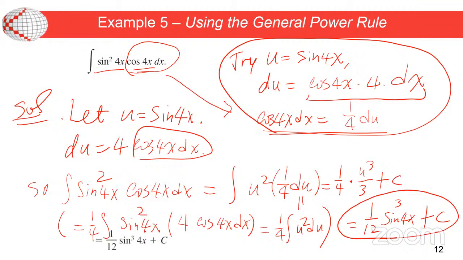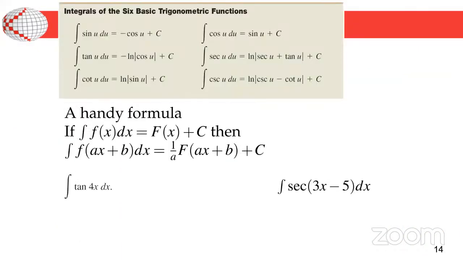Okay, so we're going to skip some examples. I'll give you a formula as a special substitution that works so well, which is when you have an integral where the integrand is a function composed with a linear function.